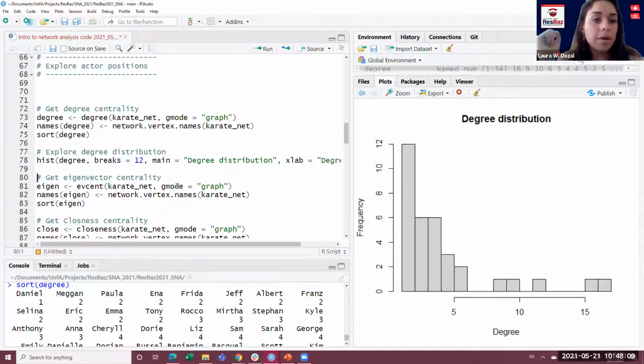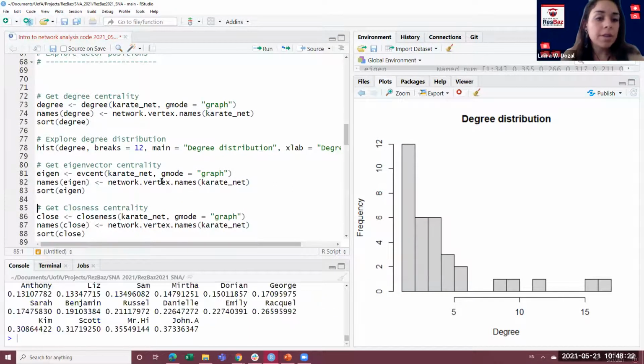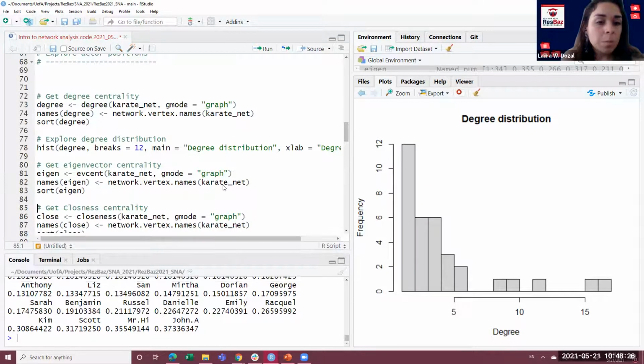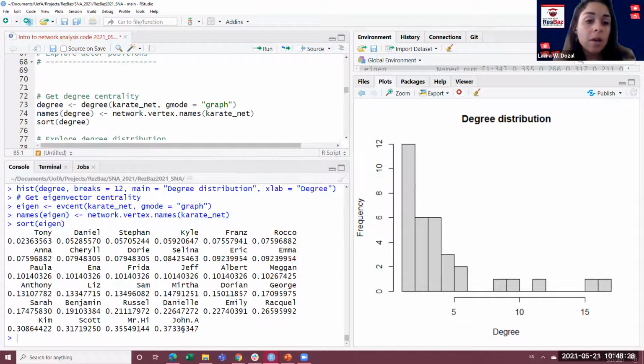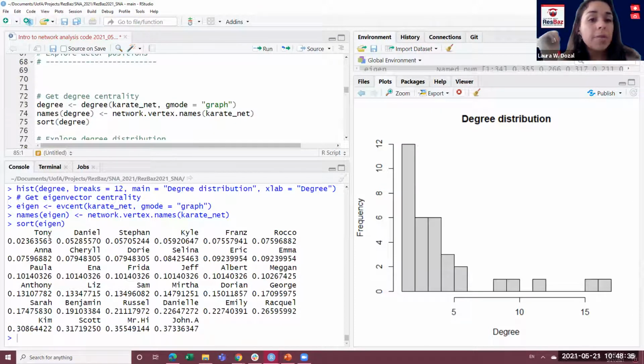Cool, so let's look at our eigenvector centrality. Again, here is the function, eigenvector centrality, our network, and we're looking at it as an undirected graph. We're adding names to the graph, and we're going to look at the eigenvector centrality. Again, John A and Mr. High are high up on our centrality measures, but if you look down here, Daniel is no longer the last.